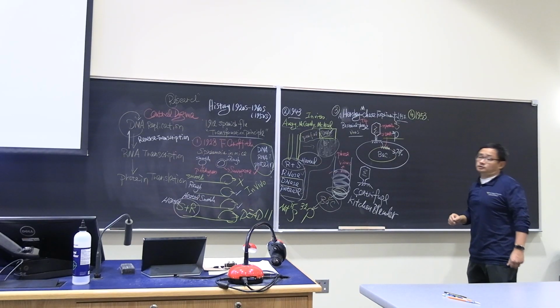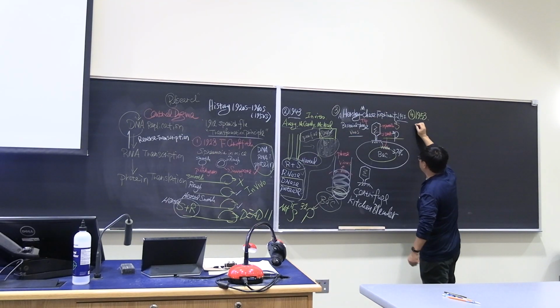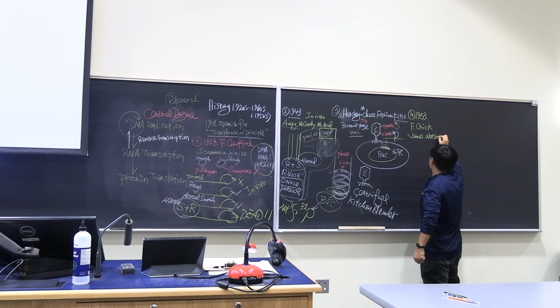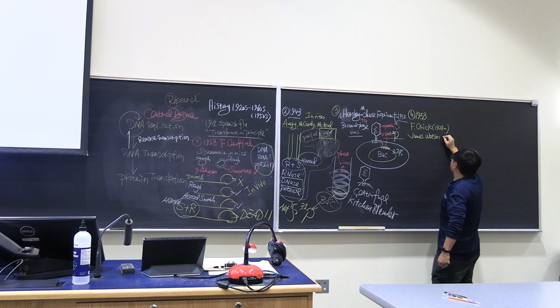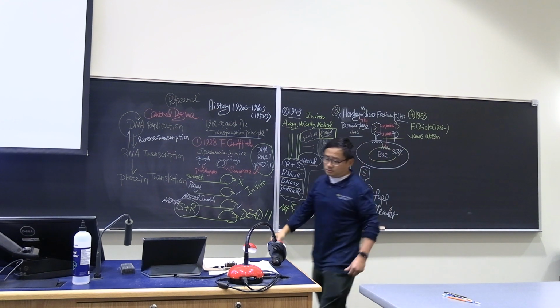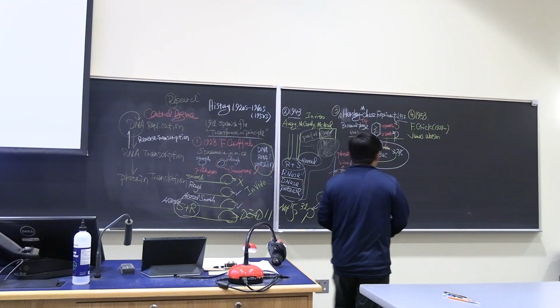This is an important and the major milestone in the microbiology or biology history, two great scientists, Francis Crick and James Watson. Crick is still there. James Watson, let me just double check. Sorry, James Watson is still there.